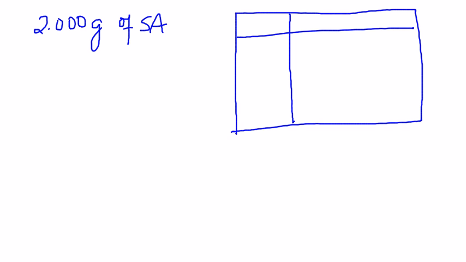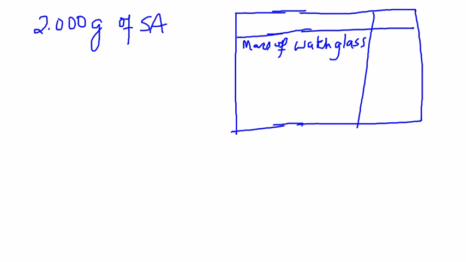So you will have one column that will say mass of watch glass, and again I have provided you the dummy observation table throughout organic one as well as organic 2.